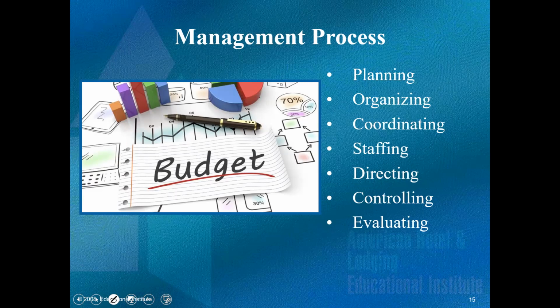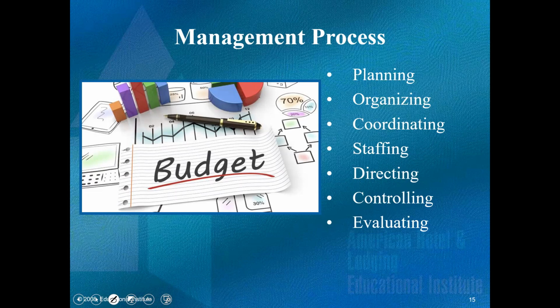Organizing is figuring out what materials are going to be needed. Coordinating is how do those materials come together. Staffing obviously is the human resource, making sure we have the people there. Directing them is part of the training process, teaching them how to do it, okay? Controlling and then evaluating. So controlling the situation, controlling budgets, controlling inventory. Lastly, evaluating: how did we do?